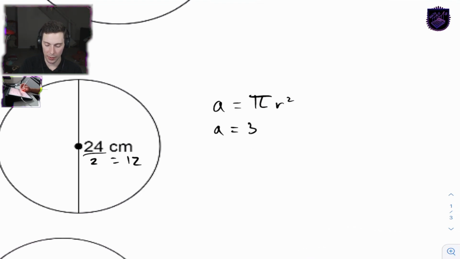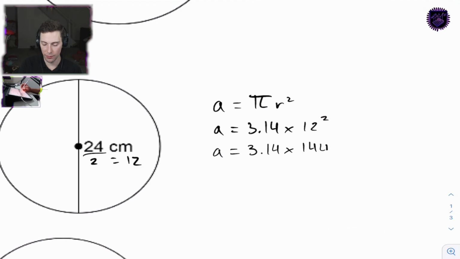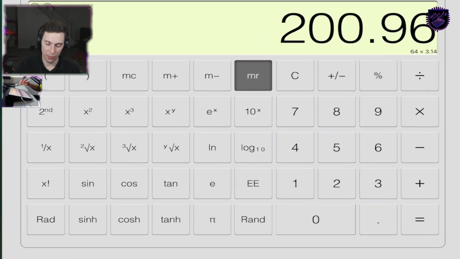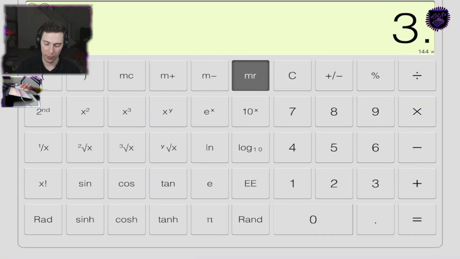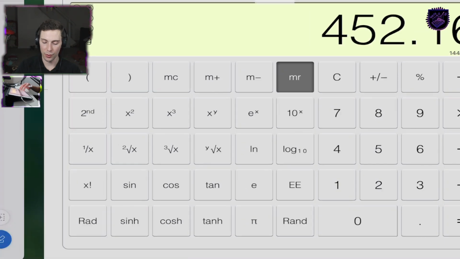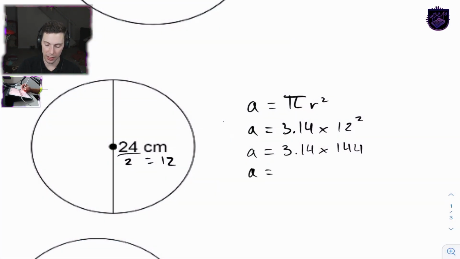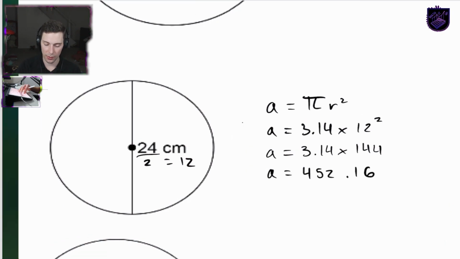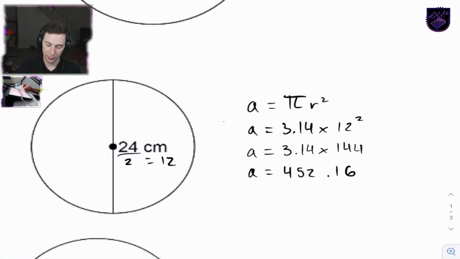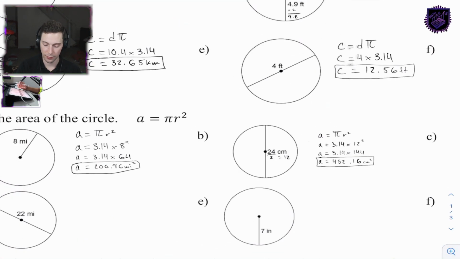Area will be equal to 3.14 times 12 squared, which is 3.14 times 144. 144 times 3.14 is 452.16. Area will be equal to 452.16 centimeters squared. That is our answer for 2B.